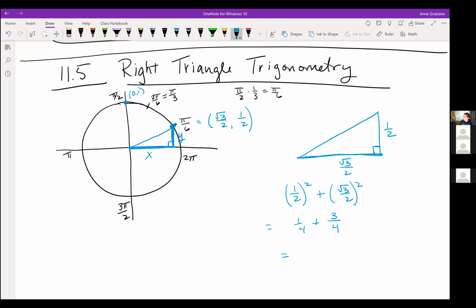What's 1/4 and 3/4? 4/4, which is 1. My hypotenuse is 1, but that should not have been a surprise because what is special about the unit circle? Its radius is equal to 1. That's right. You see how this is all related together.